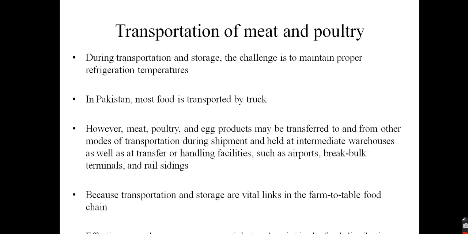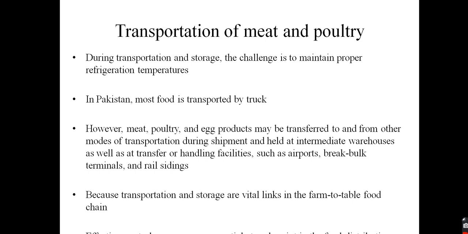For transportation of poultry, especially during transportation and storage, the challenge is to maintain the proper refrigeration or chilling temperature. In our country, most food is transported by truck, and in the truck we must install an insulated refrigerator which has zero contact with the environment during transportation.